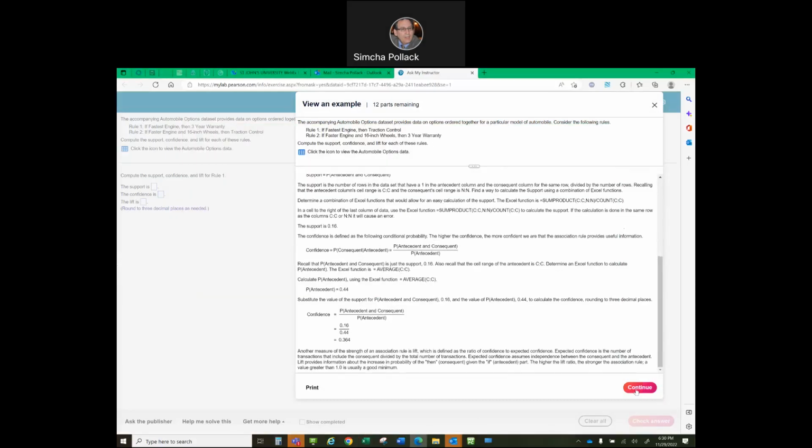Okay, we're on a roll. Now the third measure is the lift. Lift is defined as the ratio of the confidence to the expected confidence. Now we know the confidence is 0.364. What's the expected confidence? The number of transactions that include the consequent divided by the total number of transactions.